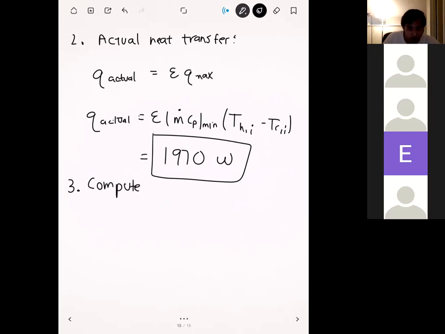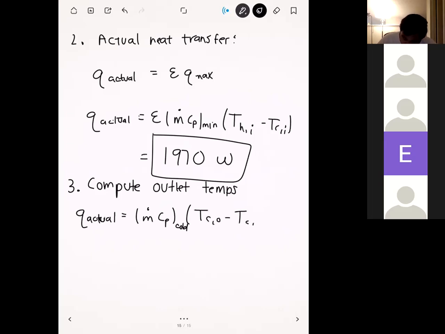All right, so I'll do one just because we're just about out of time, and then you can use basically the same thing to solve for the other one. Because we know that Q actual is equal to m dot Cp times delta T of the cold fluid. And so I'll do this for the cold fluid. T cold out minus T cold in.